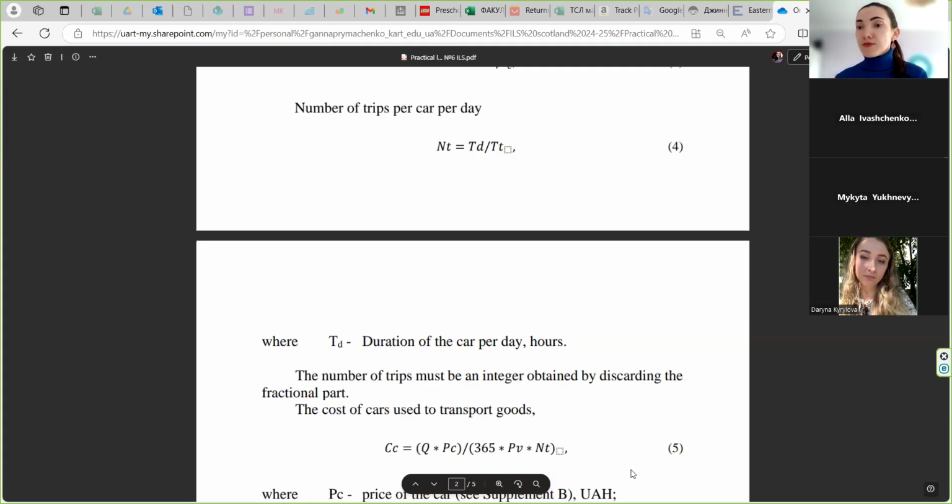Please try it and calculate how many trips you can do per day. If you have some question, please write in our chat or turn on your microphone and ask.